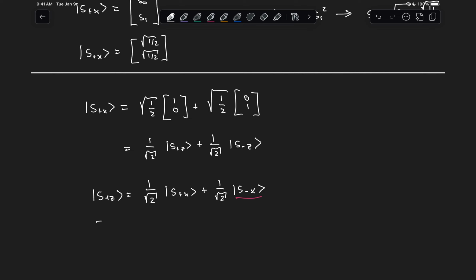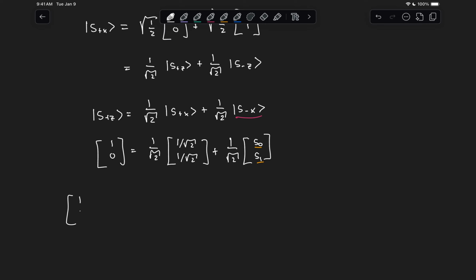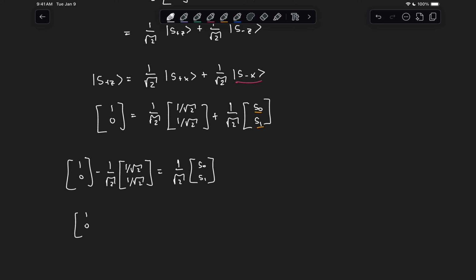We know that this is the vector (1, 0), which is 1 over root 2 of the vector (1 over root 2, 1 over root 2) plus 1 over root 2 times the minus x vector. We can represent this in terms of some arbitrary variables s0 and s1, and then just solve for s0 and s1.